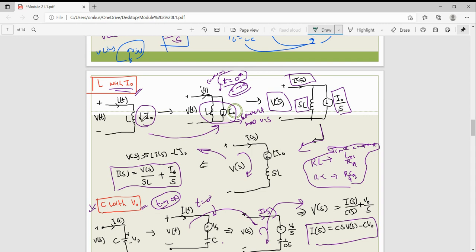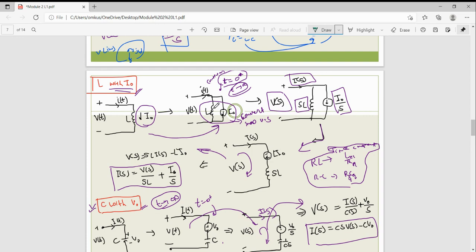Current, you know, but when you use the Laplace transform, this acts as a current source. So how to represent a current source in any circuit? So a current source is always represented in parallel with any element. So this current is represented in parallel with this inductor. Why parallel with this inductor?